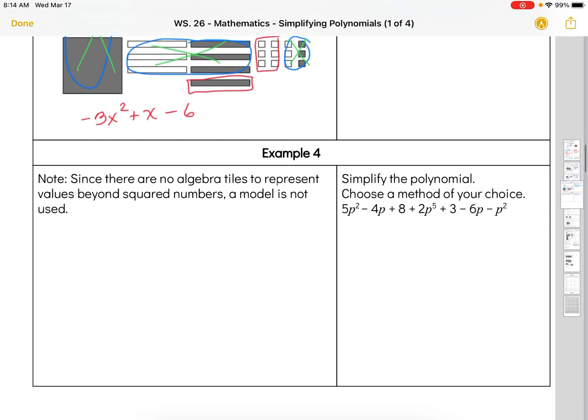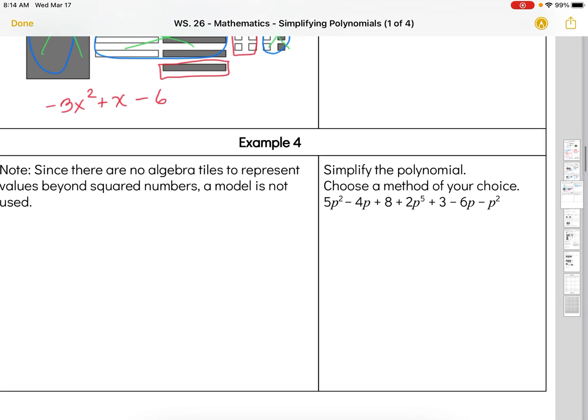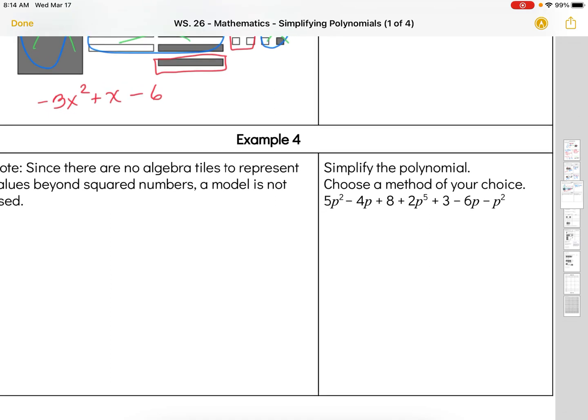Okay, so when we have values that are greater than a square, we cannot use algebra tiles. Okay, so we're going to look at this one. This one has a 2p to the 5. We can still gather them, but we can only do it symbolically.